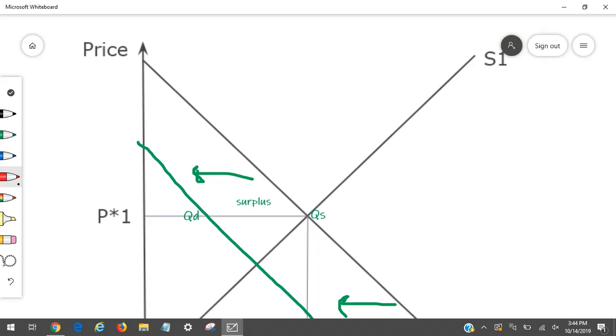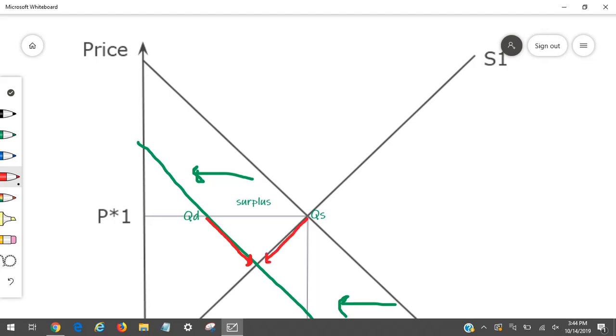Whenever the price of the good we're talking about, in this case chicken, is changing, you don't shift your curves. You just move from one point to another on your demand curve or your supply curve. So as the price of chicken begins to fall, we move downward along the new demand curve, and we move downward along the supply curve.